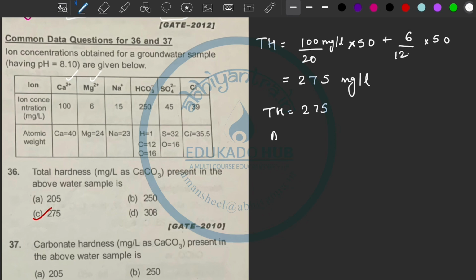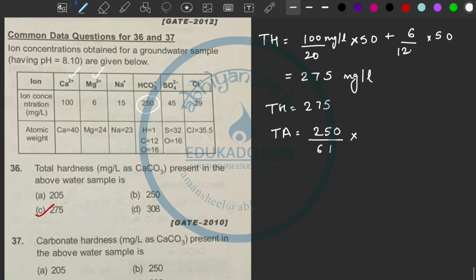Total alkalinity is 250 divided by its equivalent weight, which is its molecular weight, 12 plus 16 times 3 plus 1, which is 61, into 50.